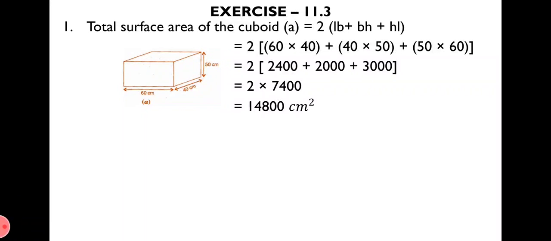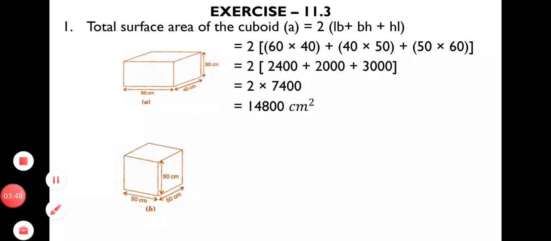Now let's see the other cuboidal box. Here you can see that in this cuboidal box all three dimensions have the same measurement. When all three dimensions are the same we have a cube, but actually it is given in the question that we have to count it as a cuboid. So we will apply the formula of cuboid only here.